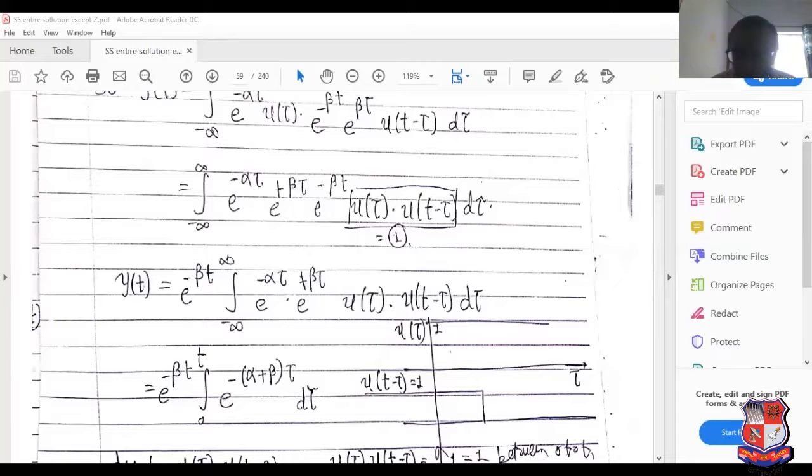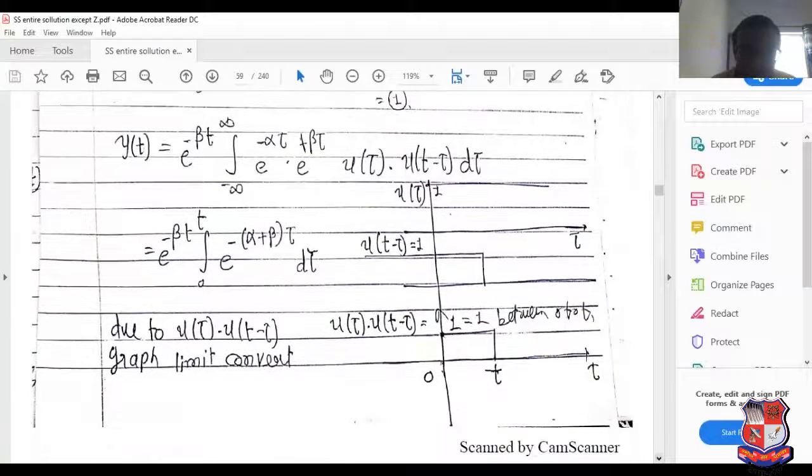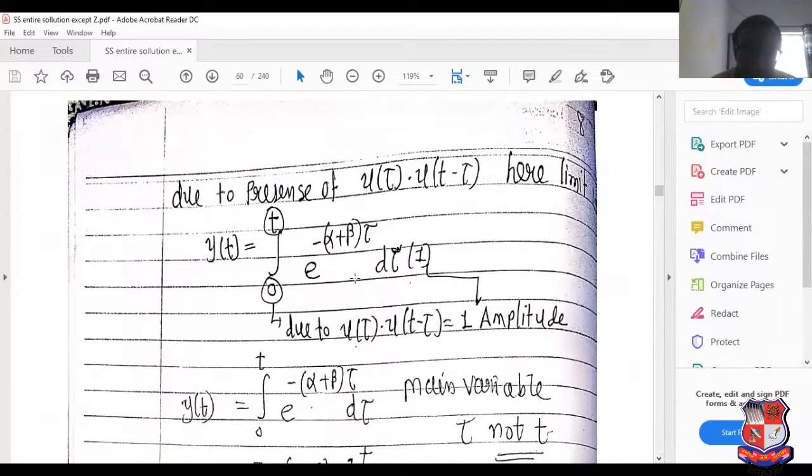Now u of tau into u of t minus tau is considered as 1. Why is u of tau into u of t minus tau considered as 1?